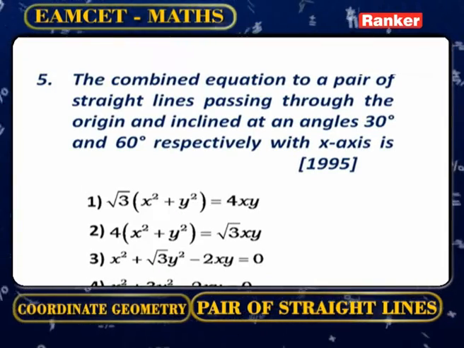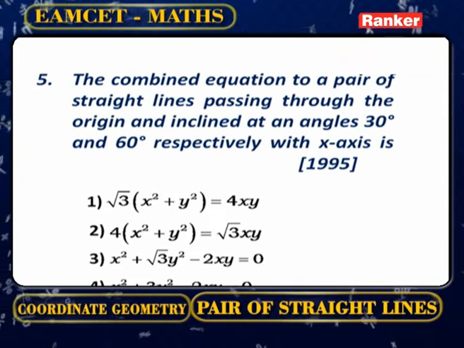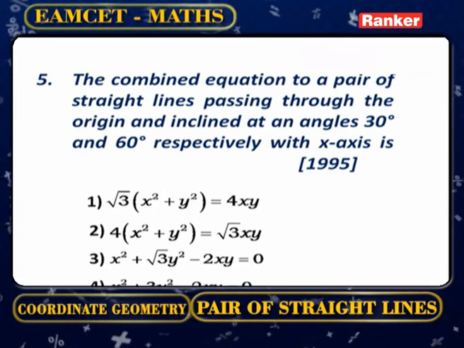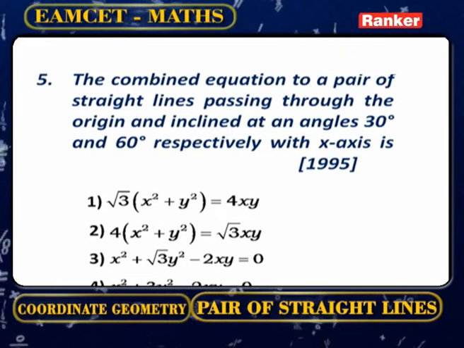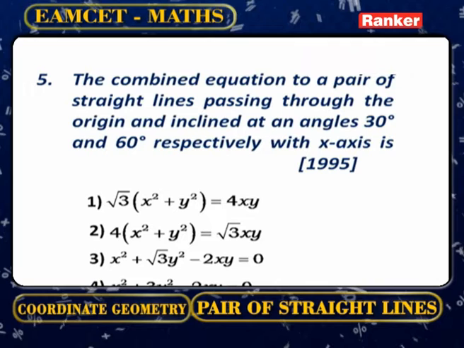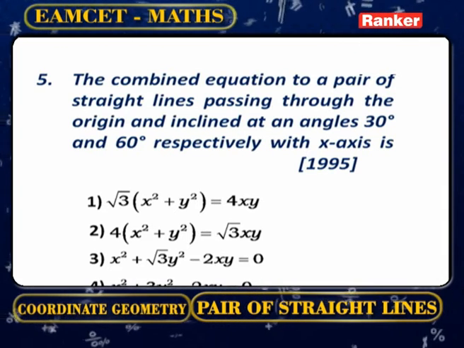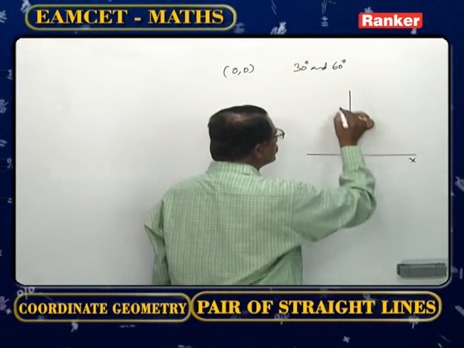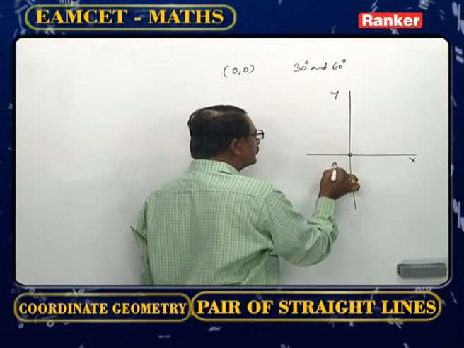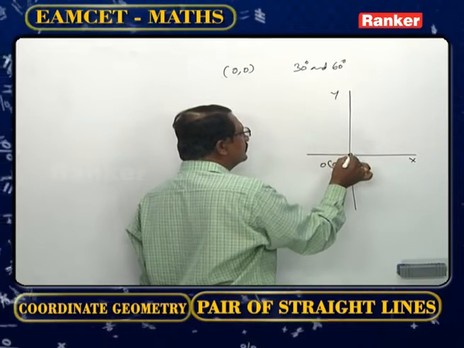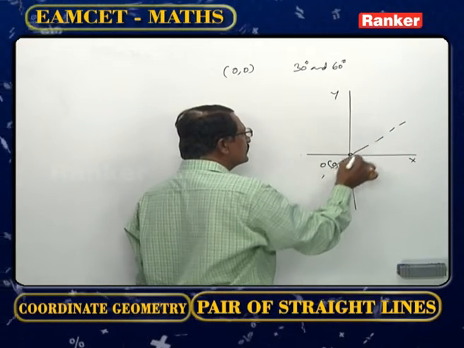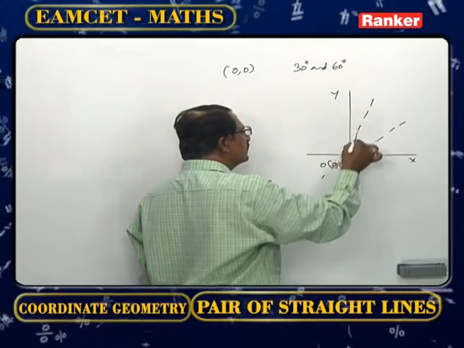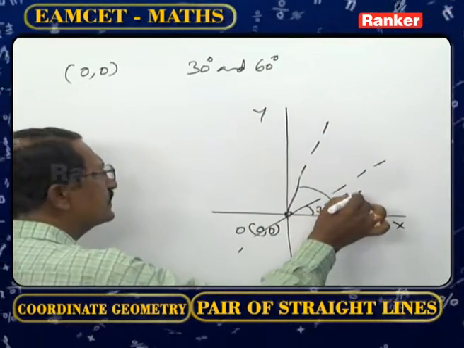The combined equation of the pair of straight lines passing through the origin and inclined at angles 30 degrees and 60 degrees with the x-axis. Suppose x-axis, y-axis, origin; the required equations are of straight lines passing through the origin, one line inclined at an angle 30 degrees, the second line inclined at an angle 60 degrees with the x-axis.